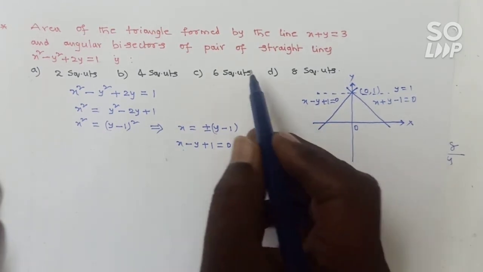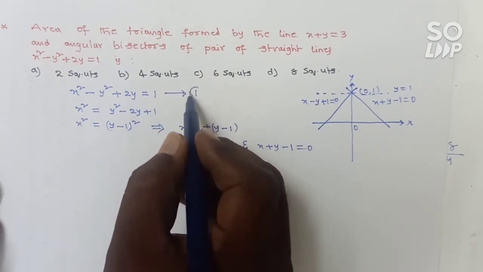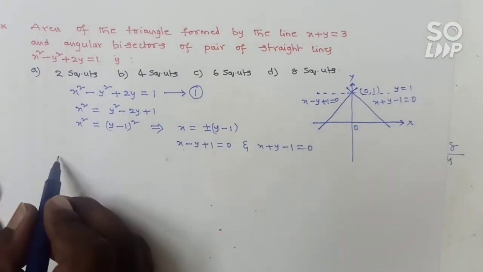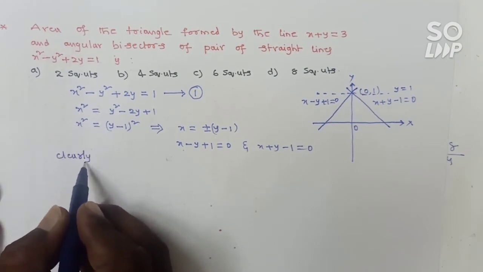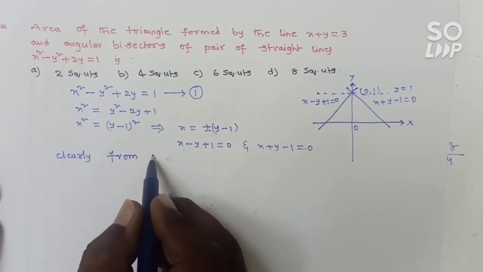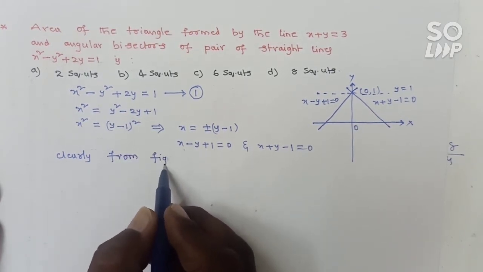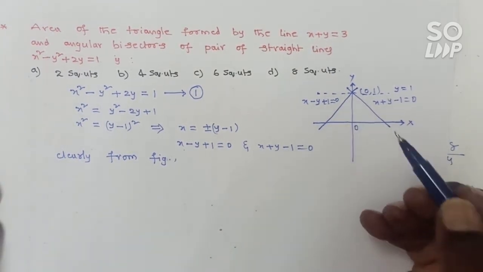So what are the angular bisectors of this equation? Let this be equation 1. Clearly, from the figure, angular bisectors are always perpendicular.